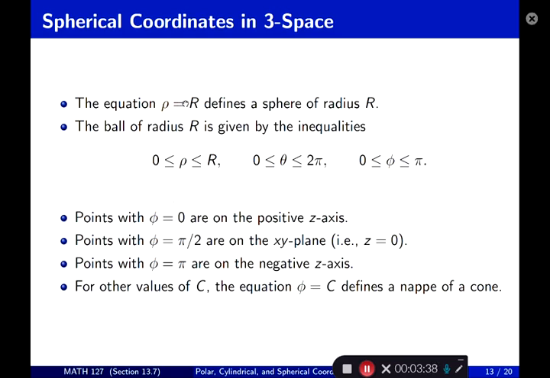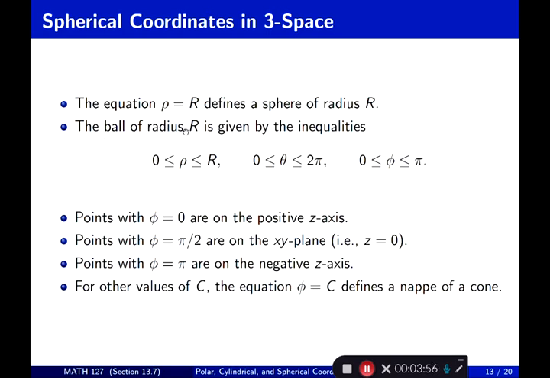Rho equal to r defines the sphere of radius r. So let's say rho equal to 3, that means a sphere of radius 3 and center at the origin.